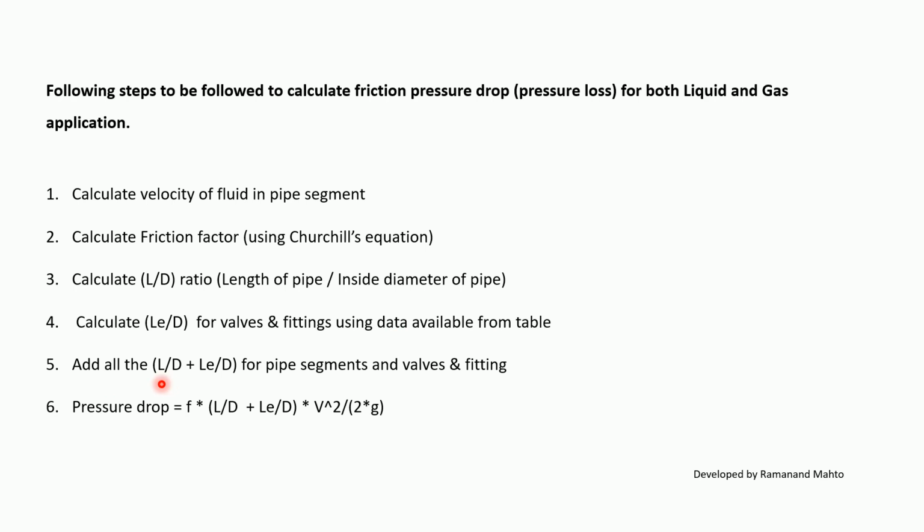Add all the L by D for the pipe plus LE by D for the valves and fittings. So once both L by D and LE by D are available and velocities are known, you can use the equation: pressure drop is equal to F into (L by D plus LE by D) into V square upon 2G.